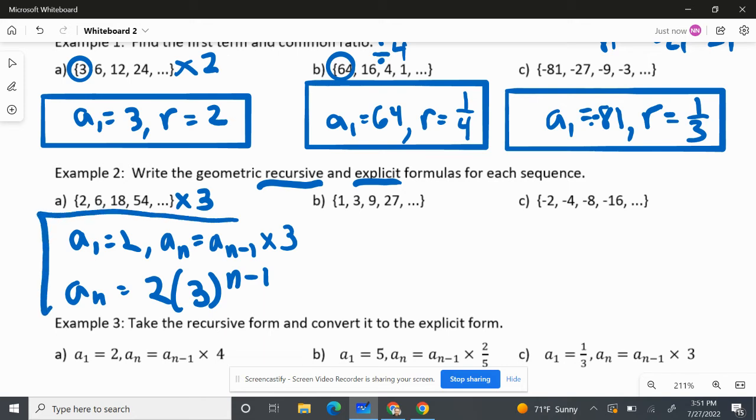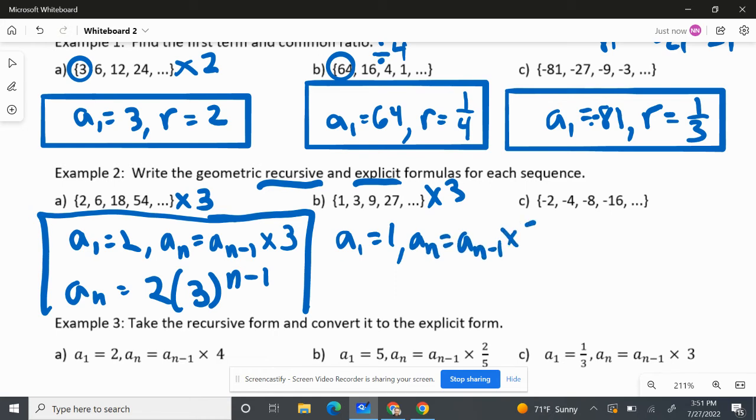And those would be our two formulas. So for the second one, our a sub 1 is 1, and we're multiplying it by 3. So with this one right here, we have a sub n equals a sub n minus 1 times 3. And so a sub n equals 1 times 3 to the n minus 1.